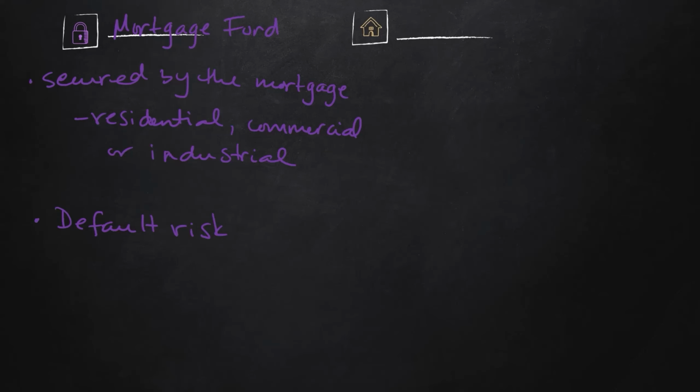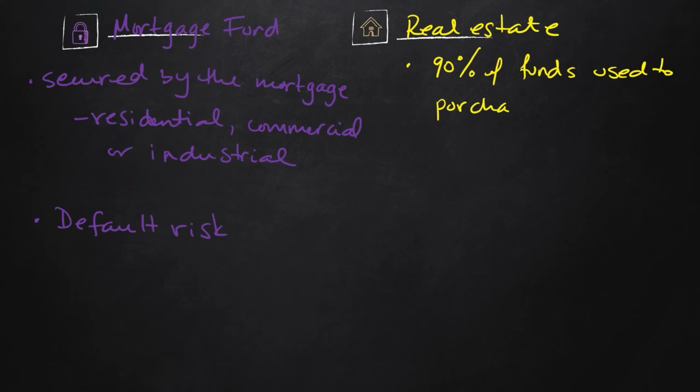It's important to know that with the mortgage fund, you do not own the property. It's just a mortgage. On the other hand, with real estate funds, the fund is actually purchasing real estate. So 90% of the funds are used to purchase real property, and this means that there is ownership of property within these funds.